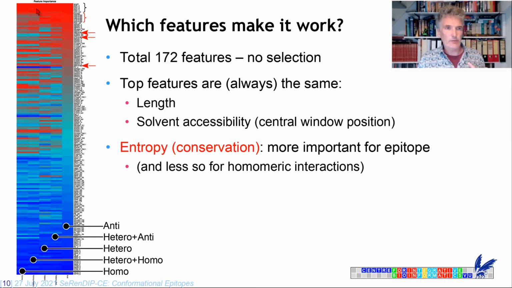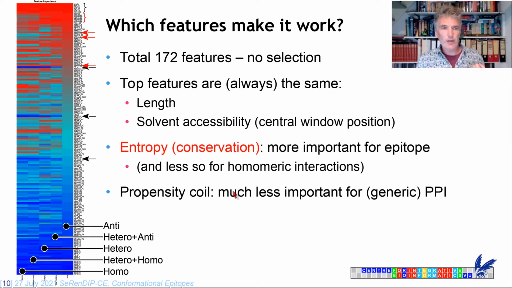And if we look at the two leftmost columns, which are partly trained on homomeric interactions, we see that it's much less important there. And then we have a couple of blue stripes across the heat map, which correspond to the propensity for coil predicted by NetSurfP. And this means that this propensity for coil is much less important for the prediction of generic protein interactions, and it's relatively more important for the antibody predictions.